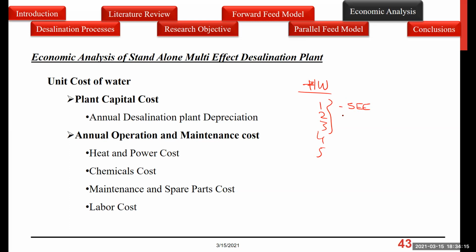The first problem is single effect evaporation. Second is single effect evaporation with thermal vapor compression. The third is single effect evaporation with mechanical vapor compression. And then the fourth problem is about an MED system. And the fifth problem again is with an MED system.